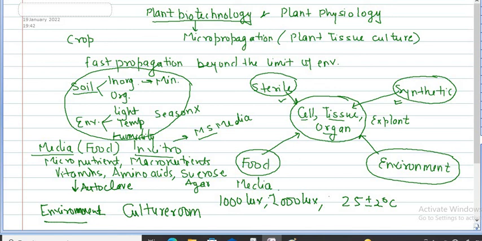So this was the introductory lecture and very basic concept of plant biotechnology, especially micropropagation. In this lecture, we will see another thing. This very important property of plant cell is called totipotency.